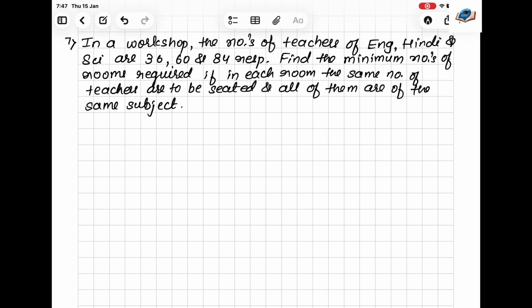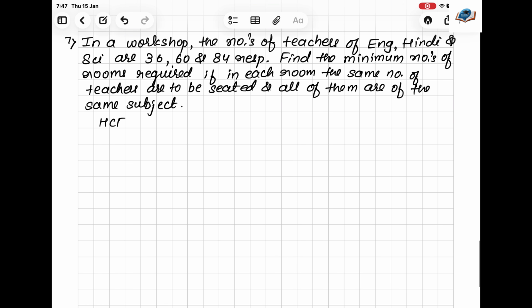So here he has asked minimum, so I have to find HCF of 36, 60 and 84. That will be 12. And therefore, required rooms: I can't directly say rooms will be 12, as I have to fit in an equal number of teachers of the same subject.